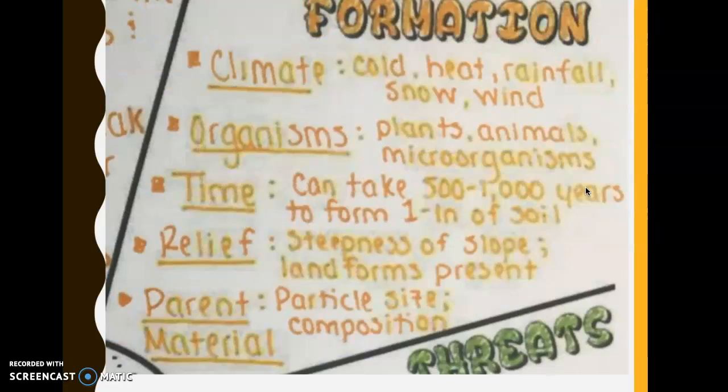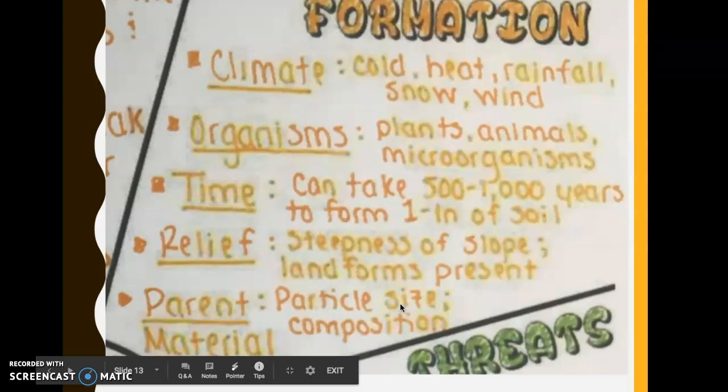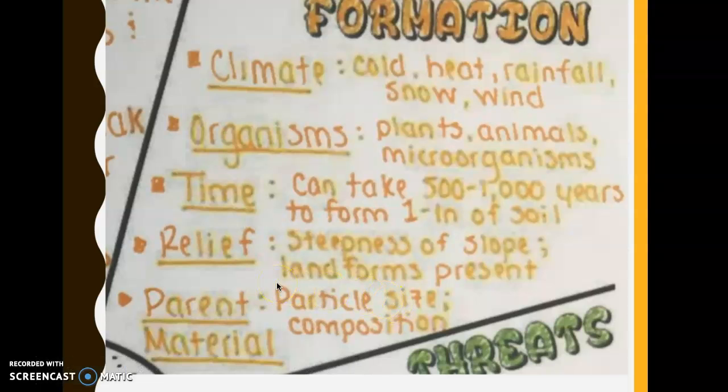We already talked about threats. We talked about formation a little bit. The last thing we need to talk about is parent material, so the particle size and composition. Depending on what type of rock we are weathering to get our soil particles will depend on how large the particles are. Remember, our largest is gravel, then sand, then silt, then clay.